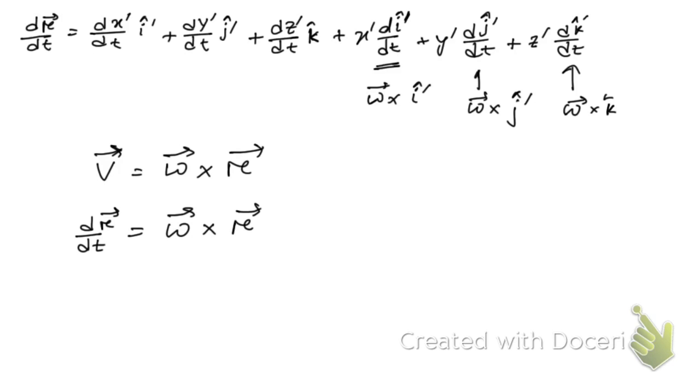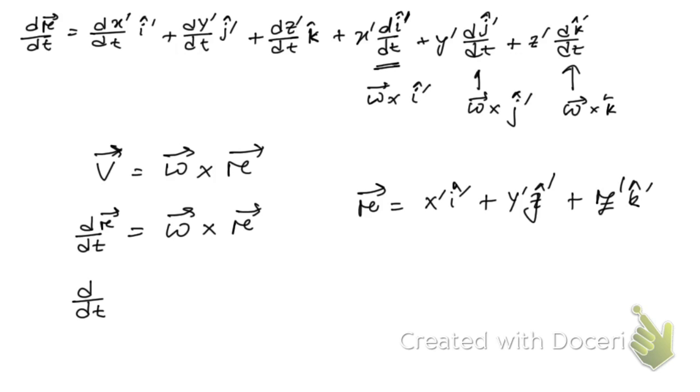If this r vector is suppose x dash i cap dash plus y dash j dash cap plus z dash k dash cap, then if you take the x dash component only, you can write it this way: the time derivative of x dash i cap dash is equal to omega cross, instead of r we're going to take the i dash cap here.